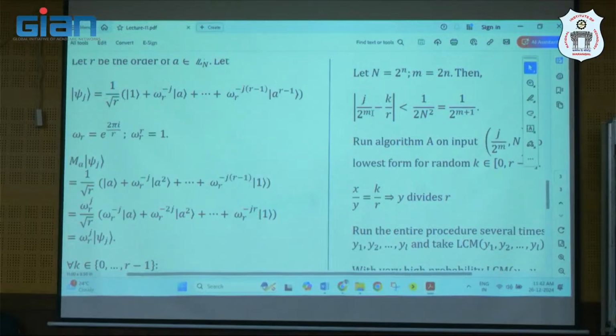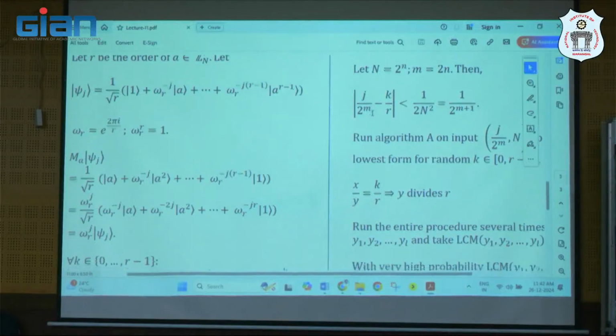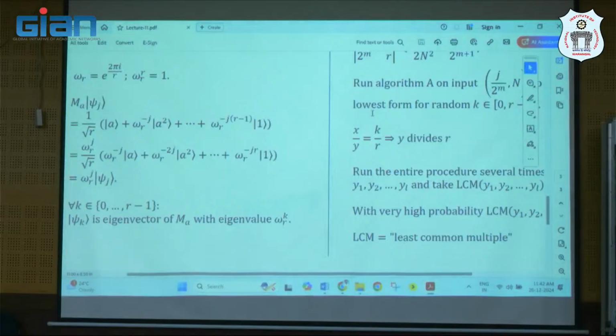Any questions here? Omega r to the r is 1, okay?